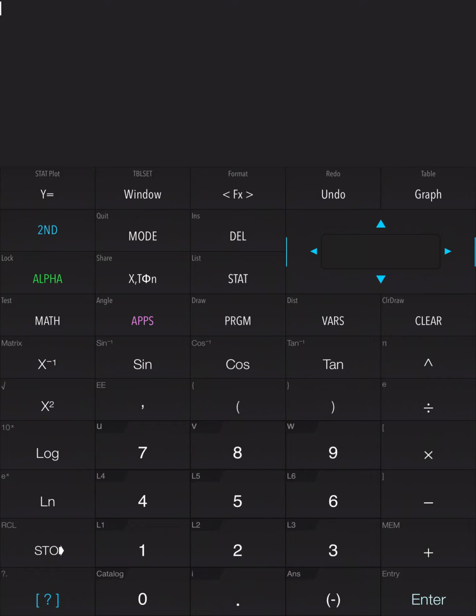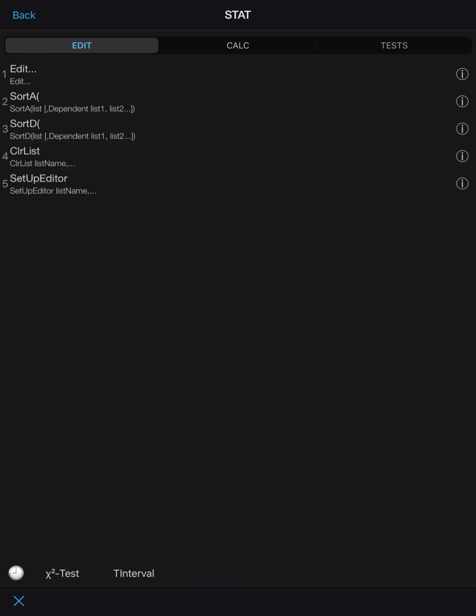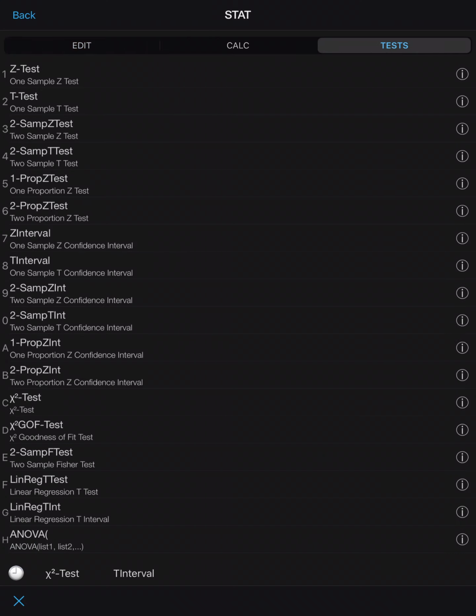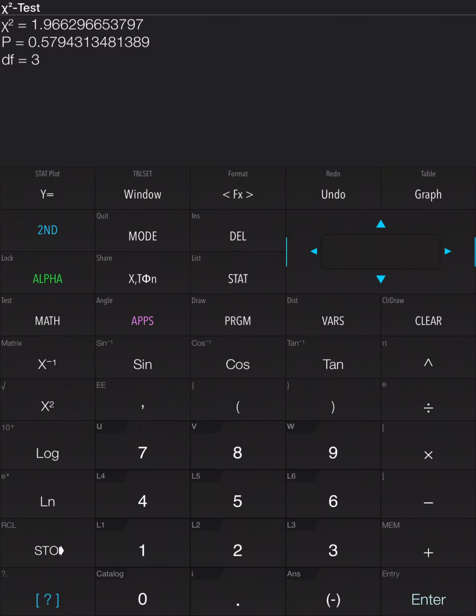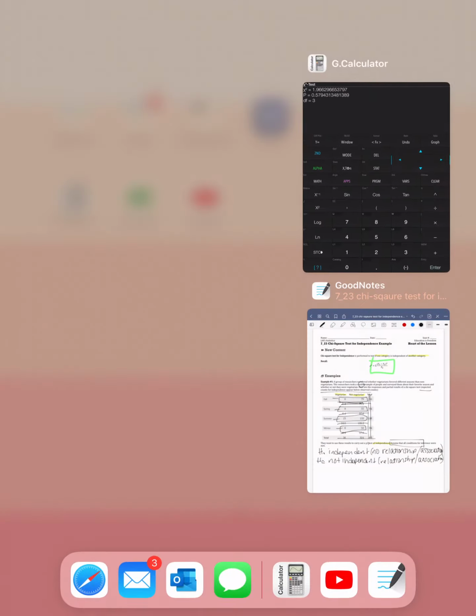And then to actually calculate the test statistic, I go to Stat, scroll over to Tests, and the chi-square test looks like x squared. Again, the observed values, the ones that I just put into matrix A, are listed here, and it's going to auto-calculate the expected values. So I can just press calculate, and it'll give me my test statistic, the p-value, and my degrees of freedom.